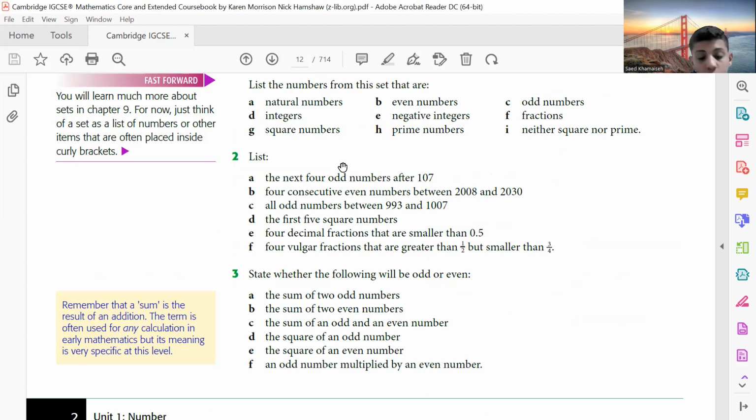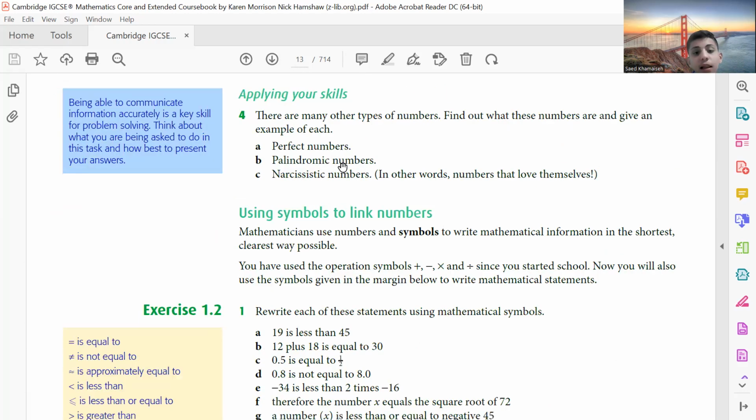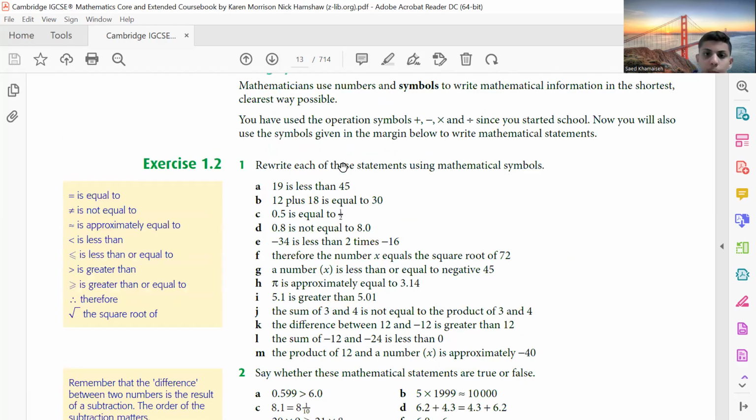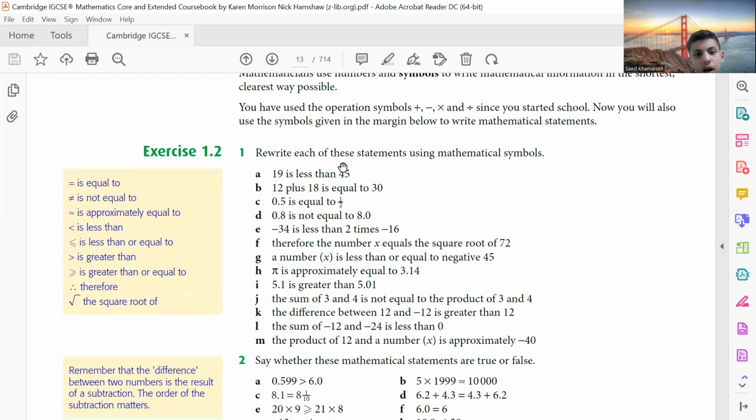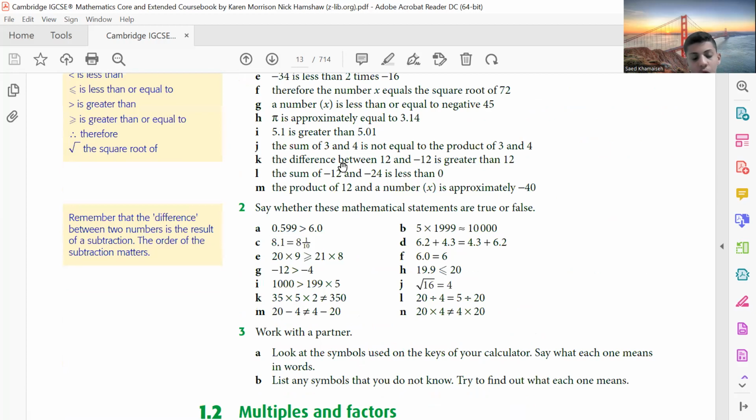Then we will get to answering the other questions. We will answer maybe 2 or 3 questions from each one. Then we start using symbols, writing numbers like 1945, and how we can make it.